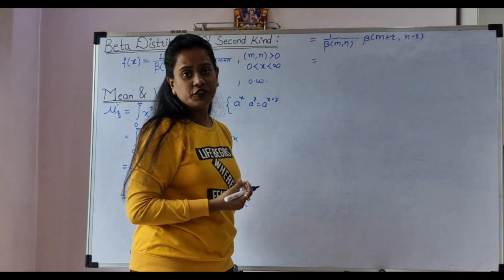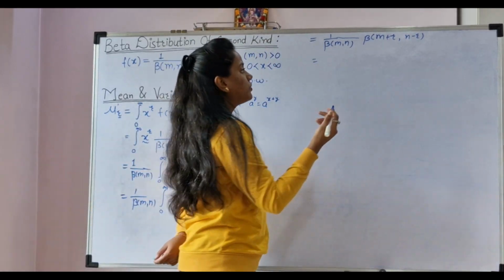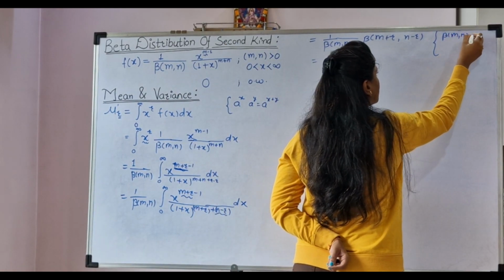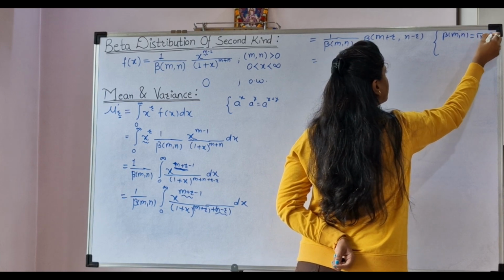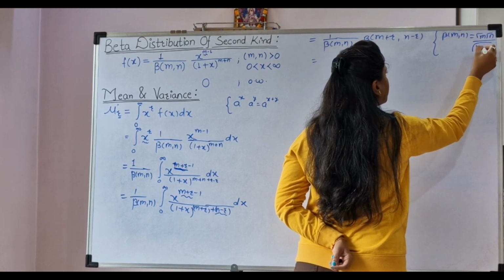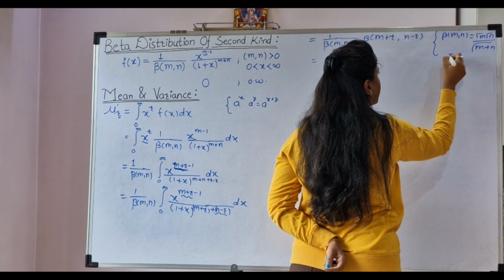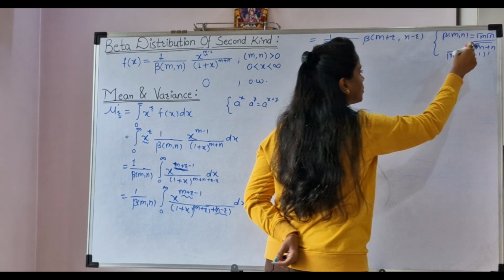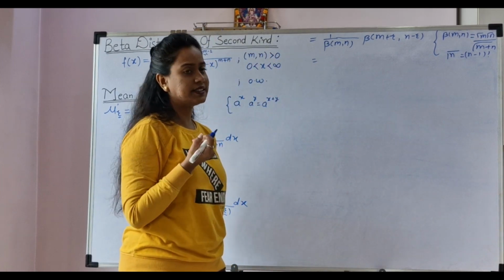Now we can solve it further. How to solve it? So we know that beta(m,n) equals to gamma m into gamma n upon gamma m plus n, and gamma n is nothing but n minus 1 factorial. So using these two results we can easily solve it.